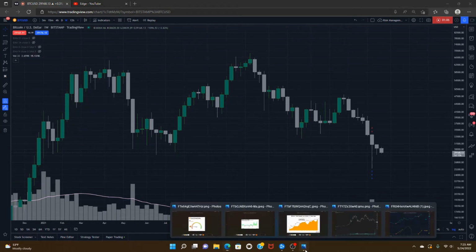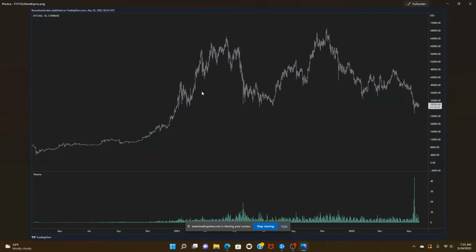I actually want to draw your attention to this chart right here. This is essentially the stablecoin aggregate volume, and it's stablecoin to USD.